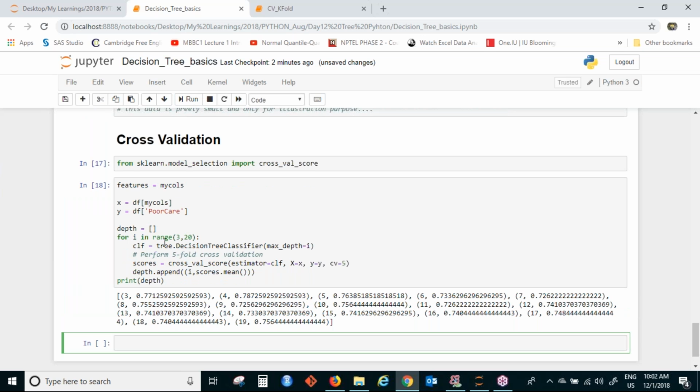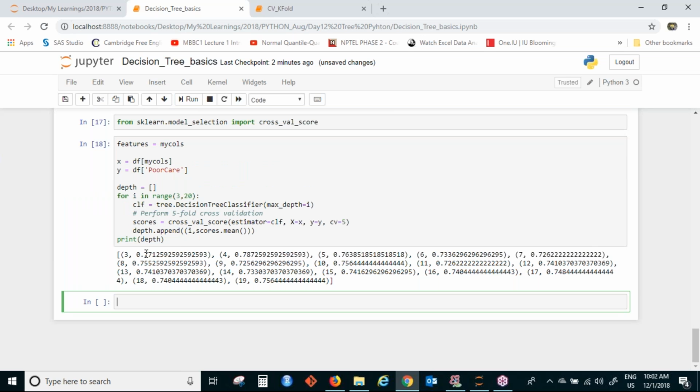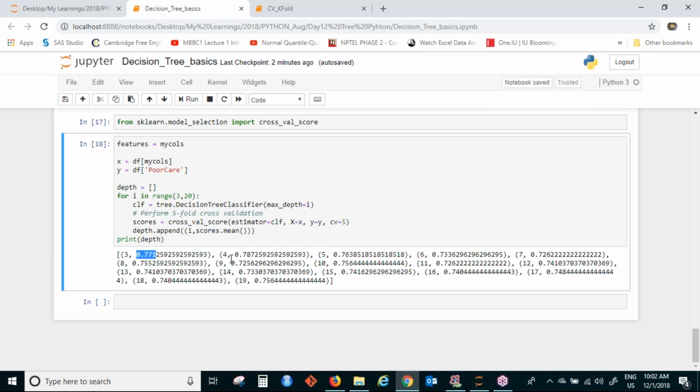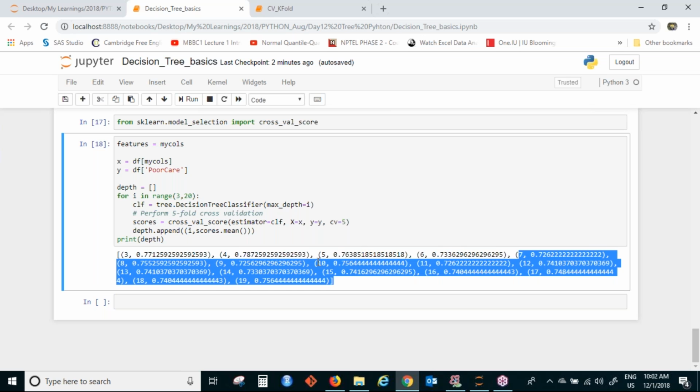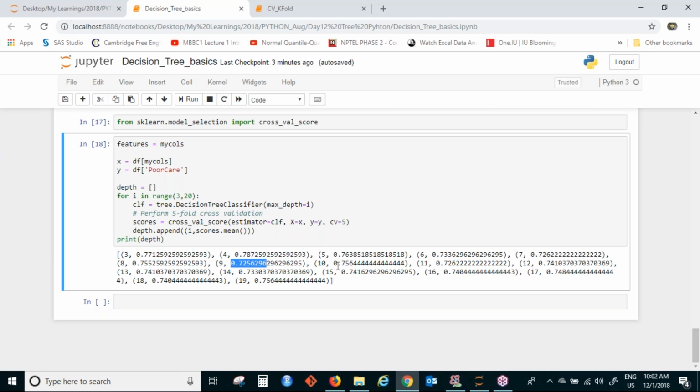So these are the values I get. That means at a max depth of 3, my accuracy is 77. At a max depth of 4, my accuracy is 78. At 5, it is 76, then 73, then 72. So you see it is varying. My accuracy keeps changing. And I'll try to find the value of max depth for which my accuracy is best.